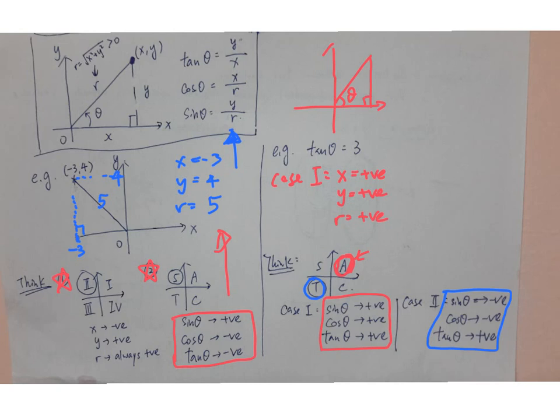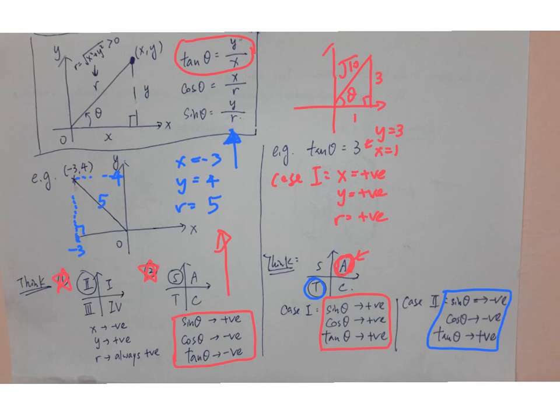So y would be equal to 3, x would be equal to 1. So this one is 3, this one is 1. If you use the Pythagoras theorem, you will get this one is square root 10. You know that r, x and y are all positive. So this is case 1.